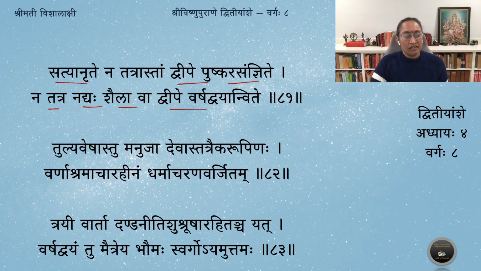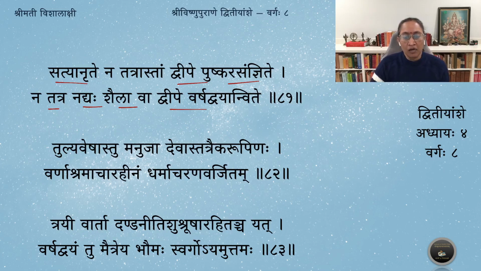Okay. Trayi varta dandanitihi dandaniti shushrusha rahitancha. Trayi, Veda Trayi is not there. Varta is also not there. Trayi varta dandanitihi dandaniti shushrusha rahitancha yat varshadvayam tu maitreya bhaumaha swargaha ayam uttamaha.